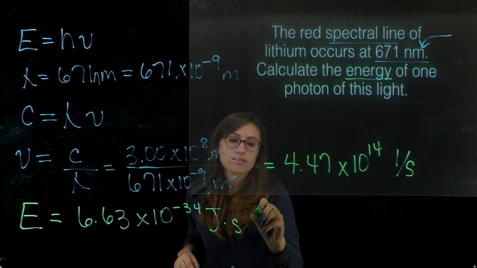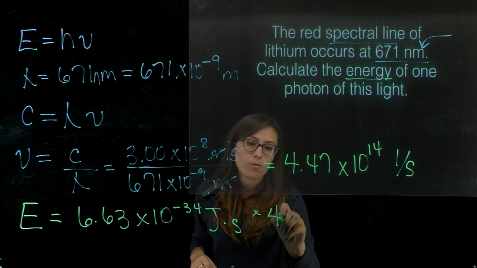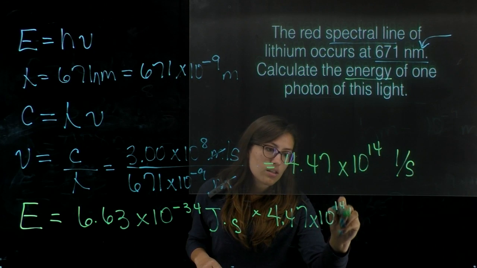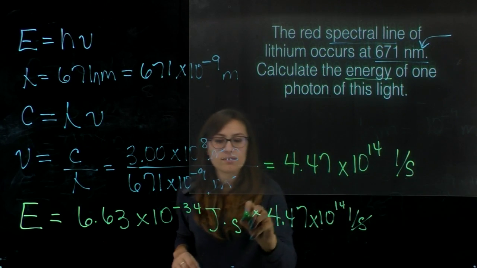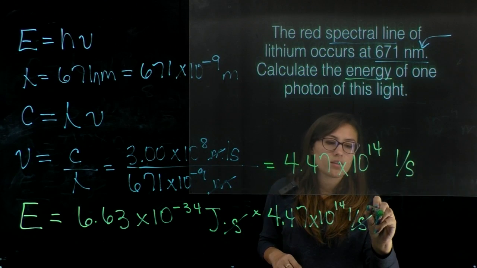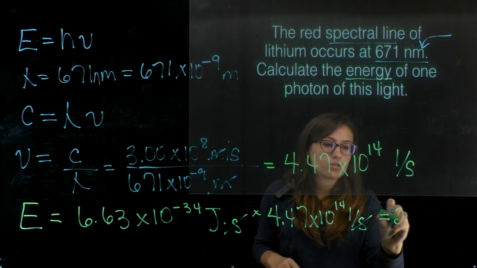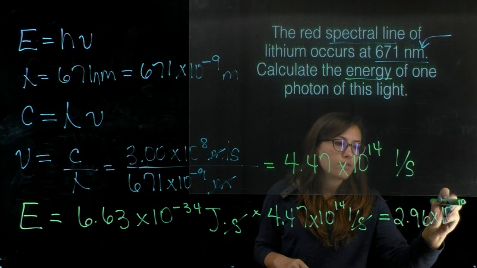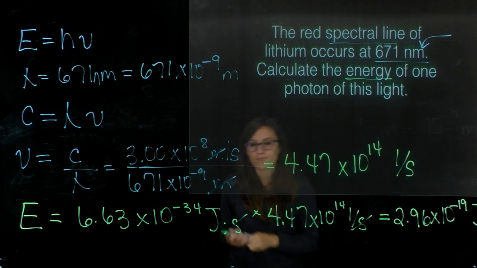We multiply this by our frequency, 4.47 times 10 to the 14th per second. Seconds and seconds cancel out, and this will be equal to 2.96 times 10 to the negative 19th joules.